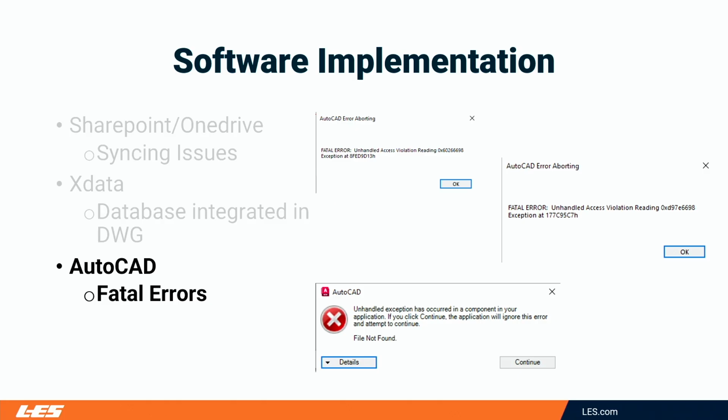We did find that sometimes purging the drawing can alleviate this issue, but again, we just don't know the root cause of that issue. It just happens sporadically, a lot of this stuff. So it's very hard to diagnose the problems. So that's another issue that we've run into.